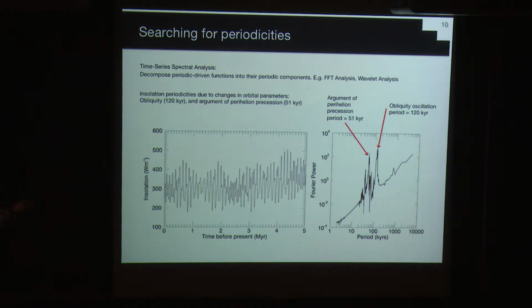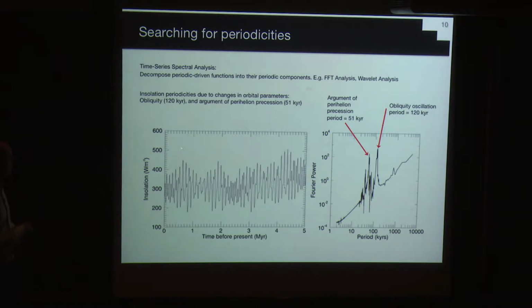They're basically techniques that decompose functions into their periodic components. The most famous of those is the fast Fourier transform. And there's another technique called wavelet analysis, which has a variety of uses, but you can also use it to decompose periodic functions and get at what the periodic components are.